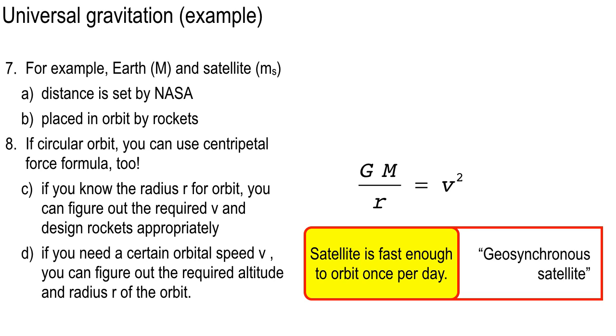Okay, so those are two examples of how centripetal acceleration concepts and universal gravitation concepts can help you manage your space program, whether you're trying to keep an eye on the Russians or you're trying to talk to somebody on the ground. Hey, raise your hand if you've ever used a satellite telephone.